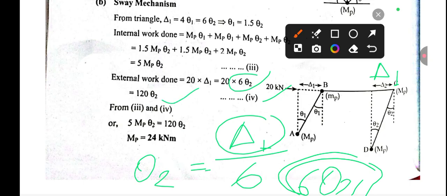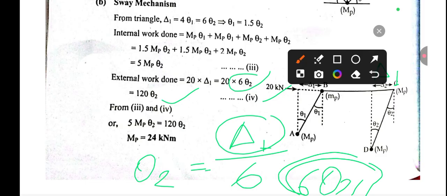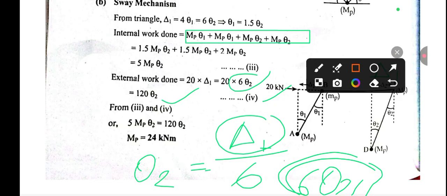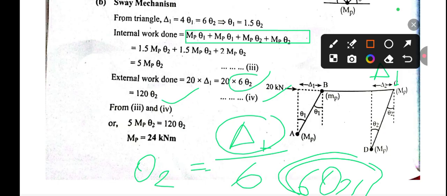Okay, and now for the internal work done, we have already discussed this portion. Now we have to just take the value of theta 2 in the place of theta 1.